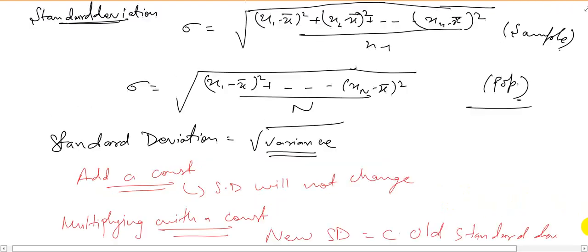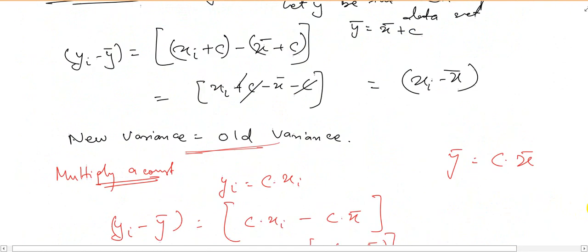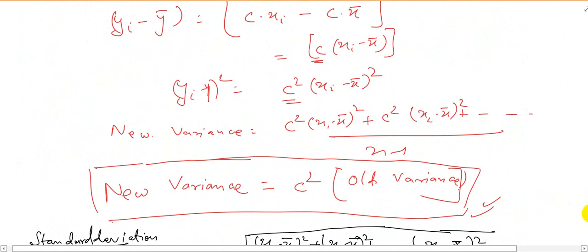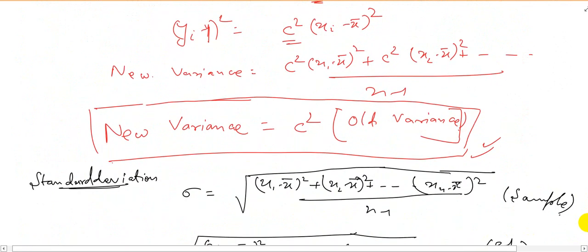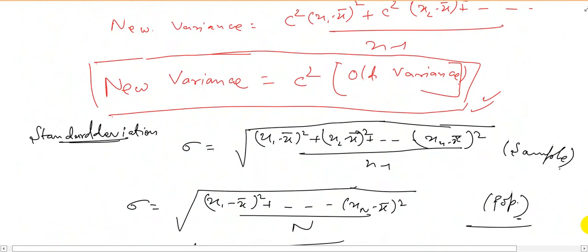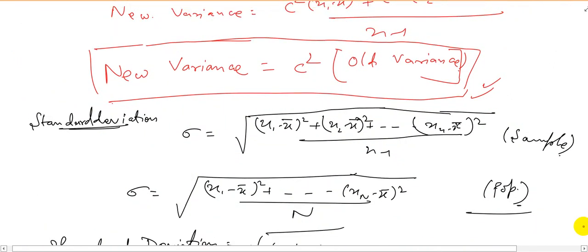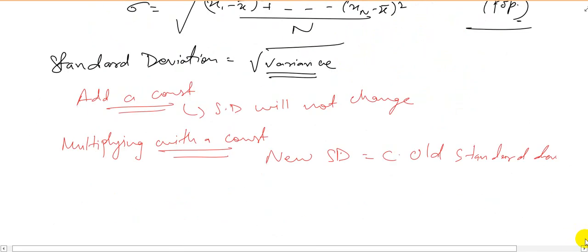Why so? Because the new variance was c squared times the old variance, right? And standard deviation is the square root of variance. So the new standard deviation becomes c times the older standard deviation.